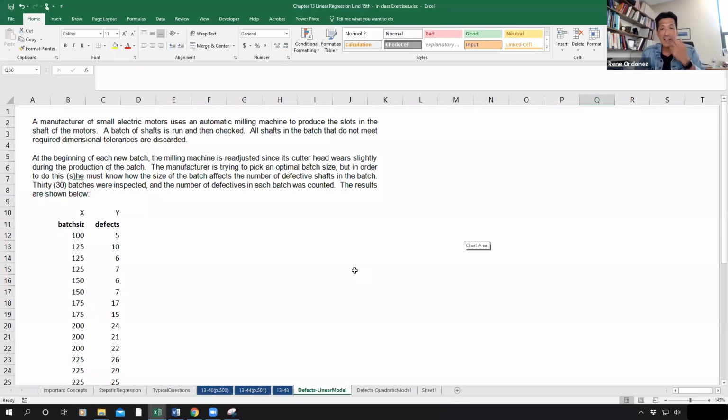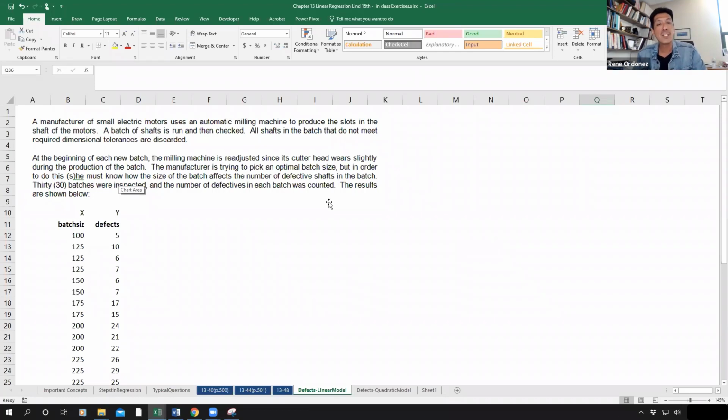A batch of shafts is run and then checked. All shafts in the batch that do not meet required dimensional tolerances are discarded. So this is kind of a quality assurance situation, as explained in the second paragraph.